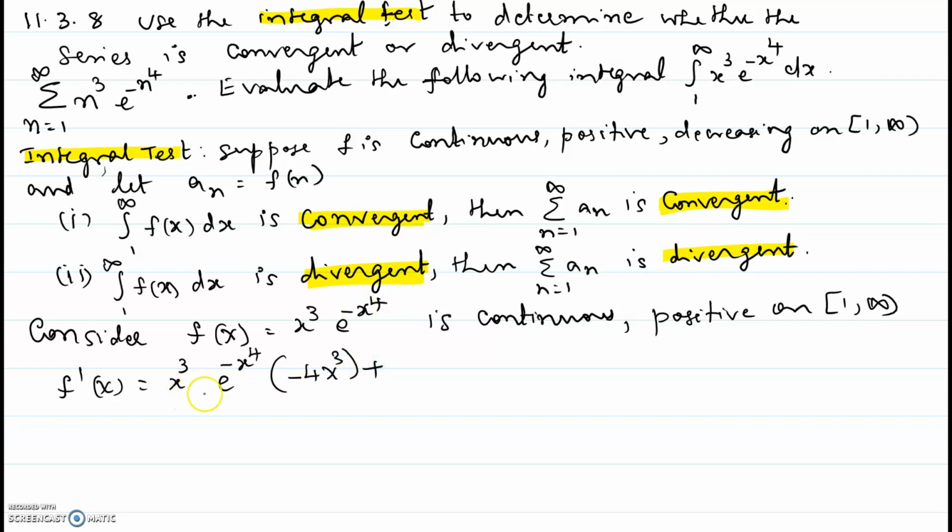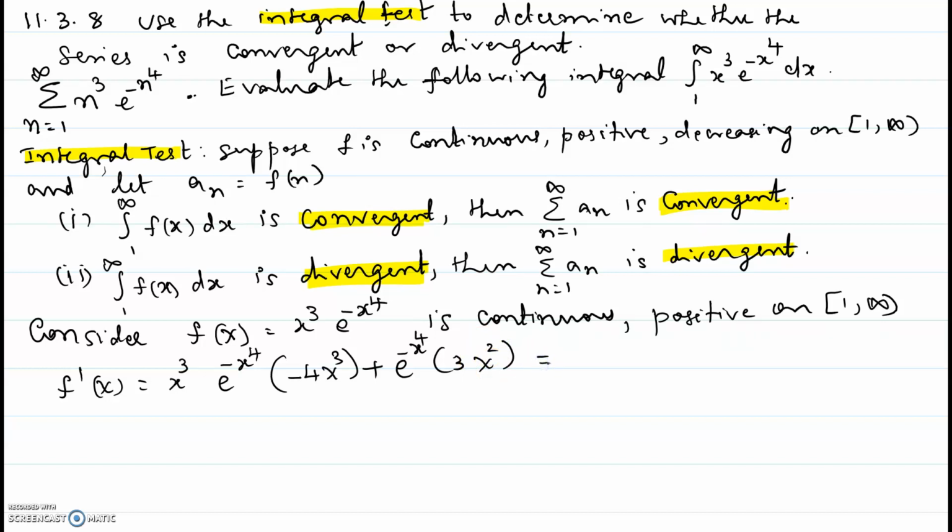So this part completes u times v prime. Then we are going to do v times u prime, so the derivative of x cubed will be 3x squared.